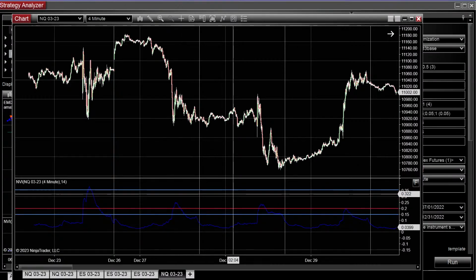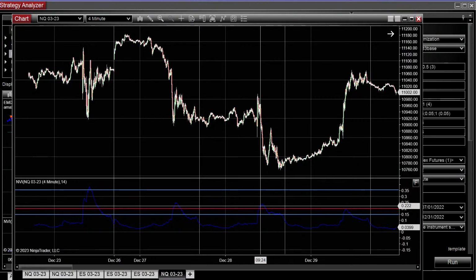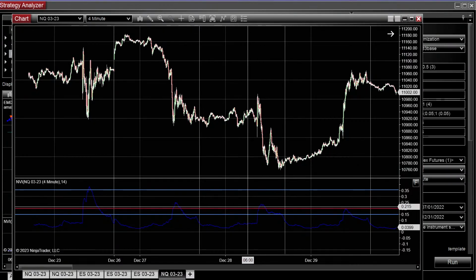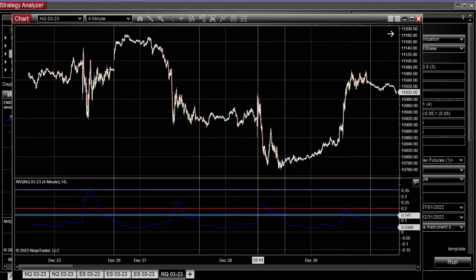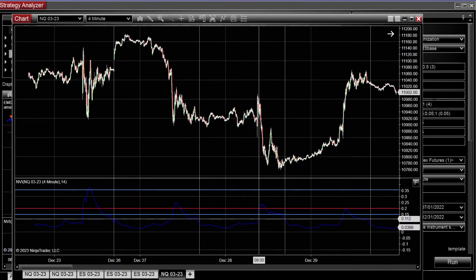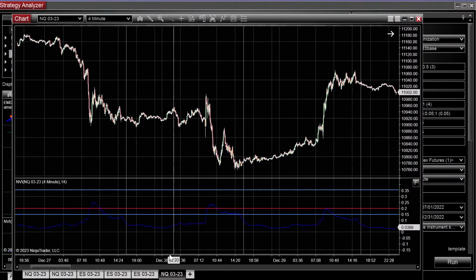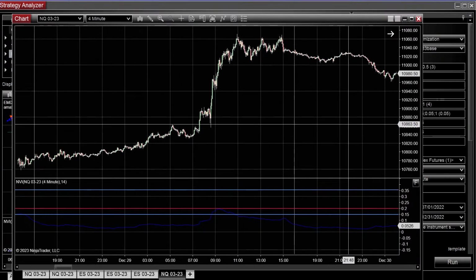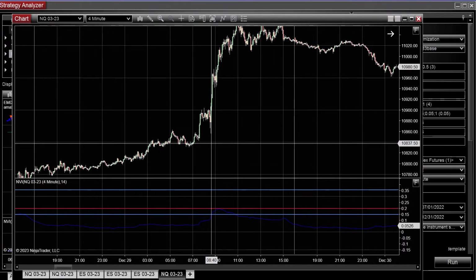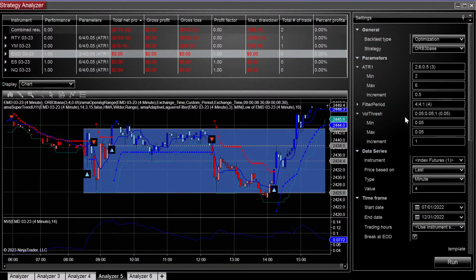And it looks like normally it peaks off at around 0.2. 0.01. Get a closer look here. 0.015. I think I like that. 0.015.